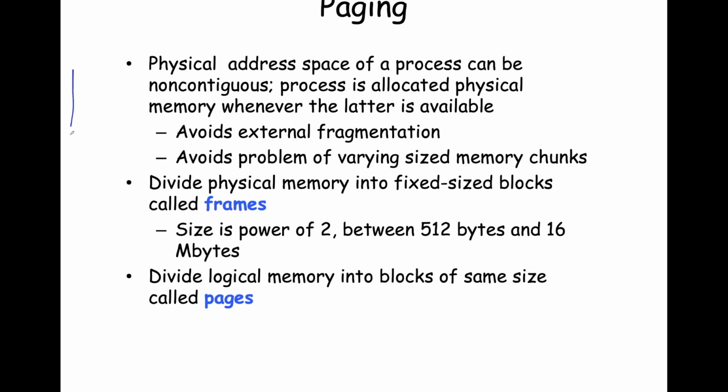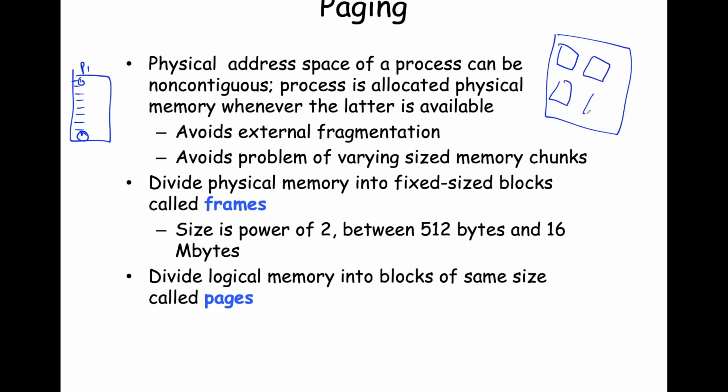And so while you think that your process P1 is one long stream of instructions, instruction 1 through instruction n, when you actually store this process, it can be stored in memory as a bunch of non-contiguous blocks. And so all of these blocks together would be the first piece of process P1, the second piece of process P1, the third piece of process P1, and the fourth piece of process P1, and so forth.